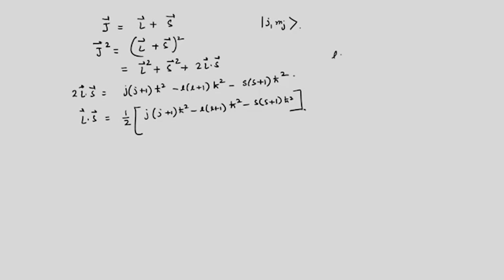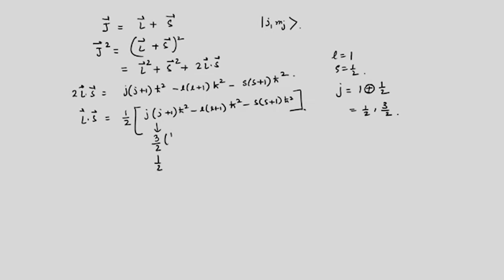So, for l equal to say 1 and s equal to half, then your j will become equal to, this is l plus s, so this is equal to half and 3 half. So, you can put j equal to 3 half, which will be the excited state, and j equal to half.